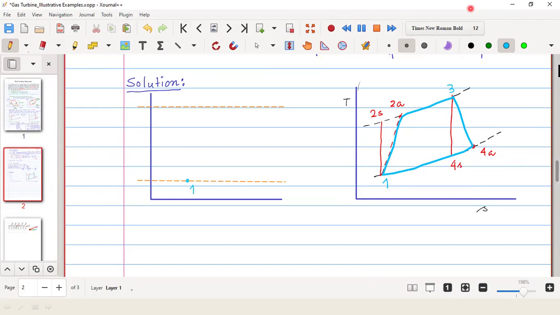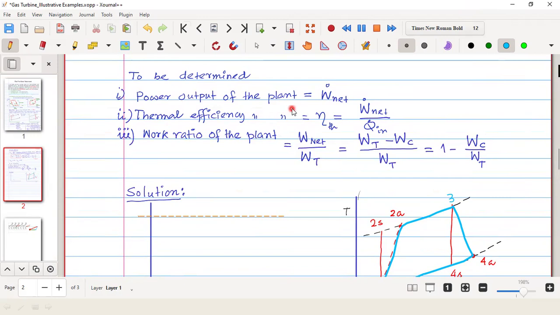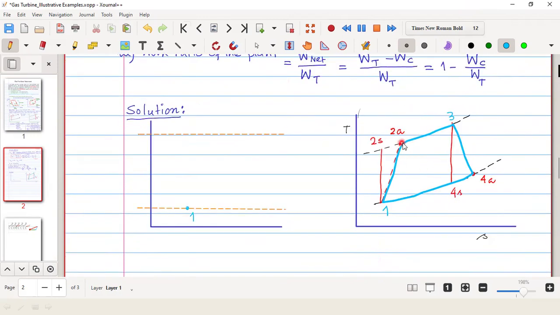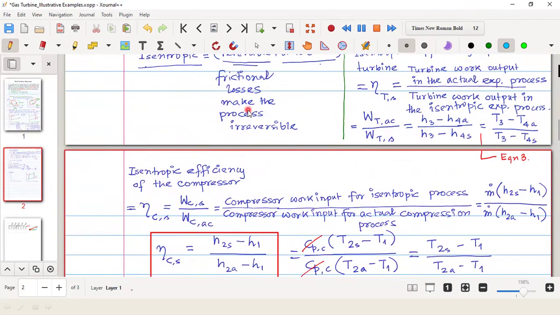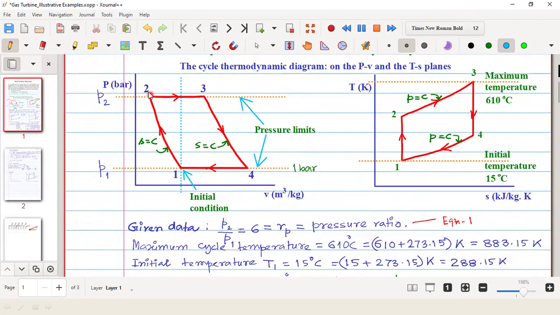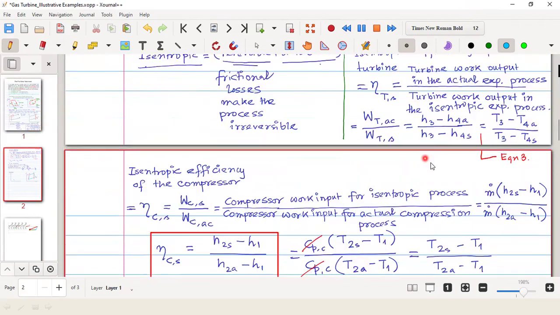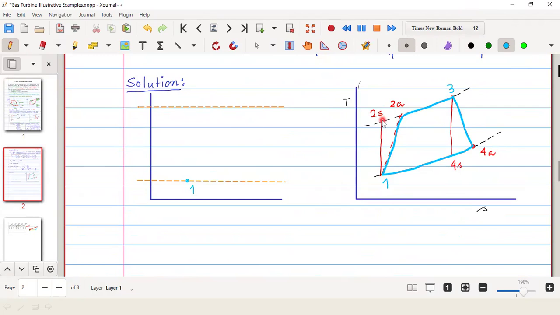And then 2, where it will be 2a. It will be seen that 2a is in between 2s and 3. Earlier 2s was here, so 2a will be somewhere in between 2 and 3.